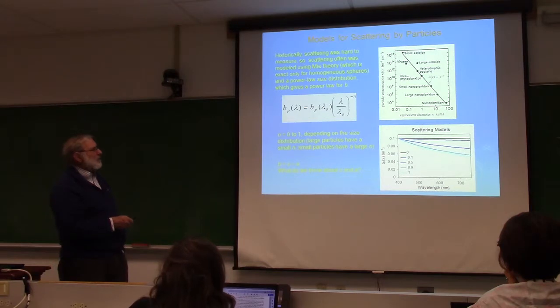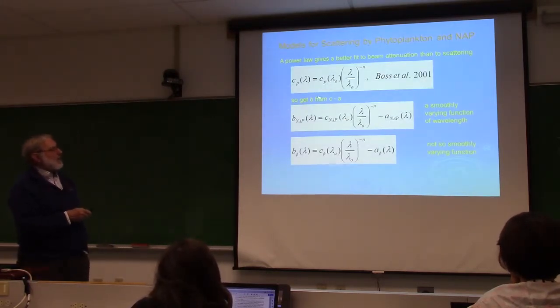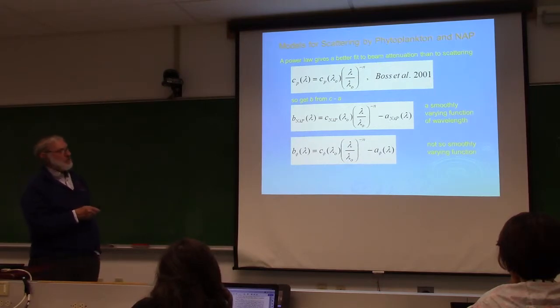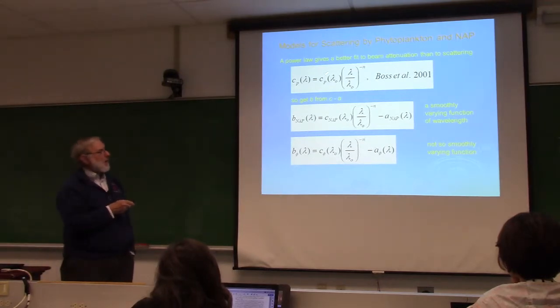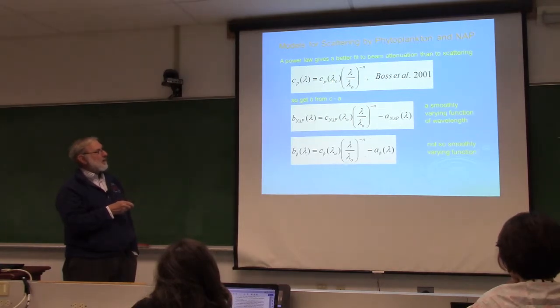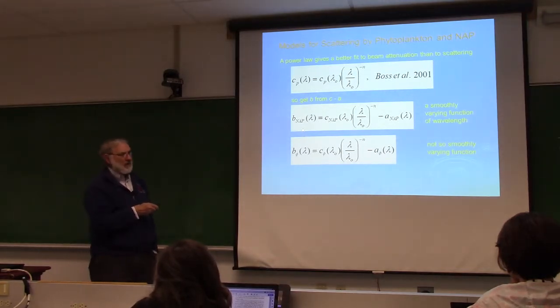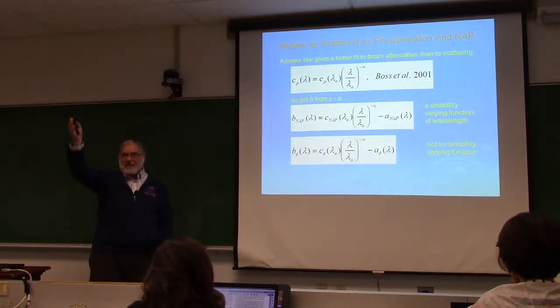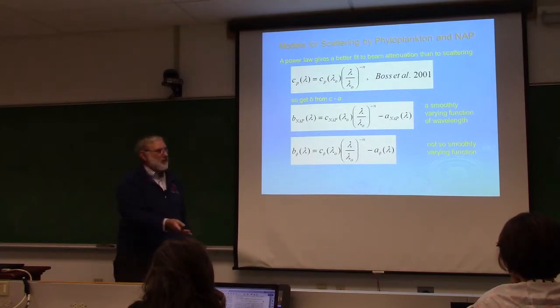Well, actually, Dr. Boss and company find that this kind of power law gives you a pretty good fit to beam attenuation. So you're better off to model the beam attenuation with this kind of power law, where now you've measured beam C at one wavelength, and then you get B from C minus A. So if you have non-algal particles, they tend to have an exponential absorption curve, which is a nicely behaved function of wavelength.